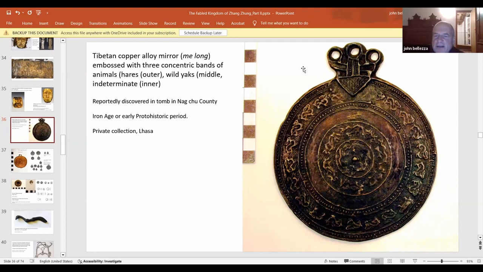This is a sophisticated piece of metal to mold and model and create. This took considerable metallurgical skills. So, we were talking earlier about the metallurgy now being shown on the plateau to probably go back as far as 1500 or 1600 BC.